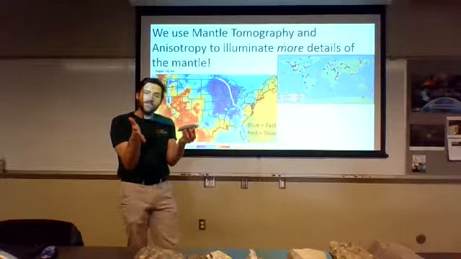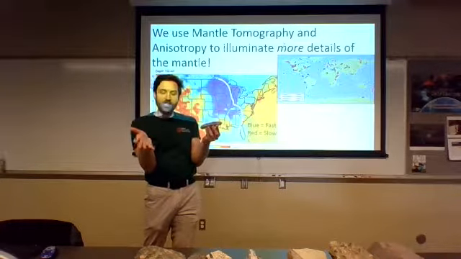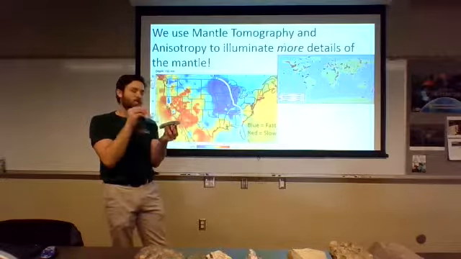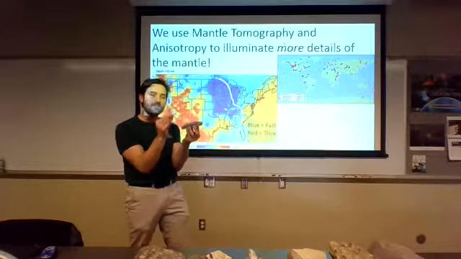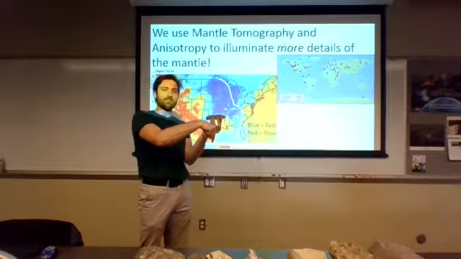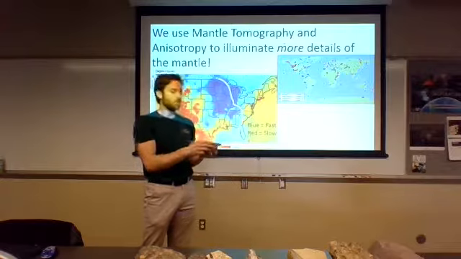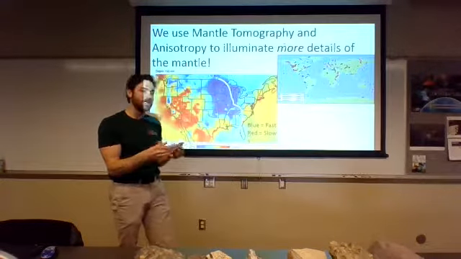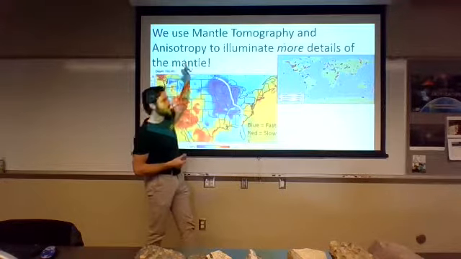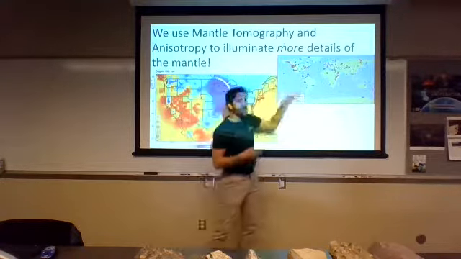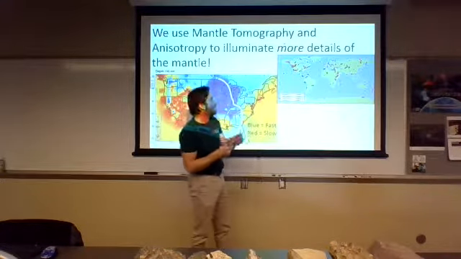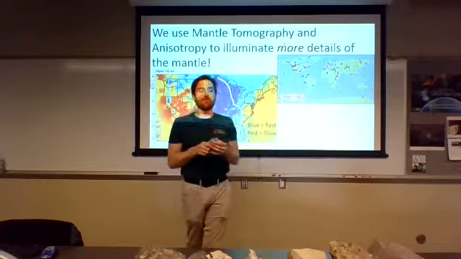Now, waves, again, their velocities depend on the properties of the material. It turns out that waves are able to travel slightly faster along the C-axis of an olivine crystal than they are across the A or B-axis. So that property of olivine allows folks doing anisotropy, which is this principle, to look at the arrangement of the olivine minerals within the mantle. And the arrangement then is telling you something about the flow.